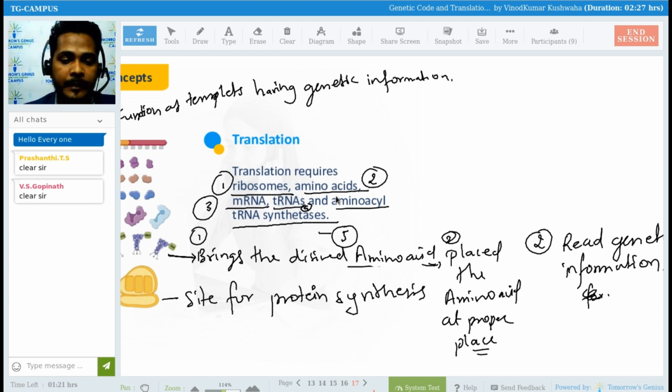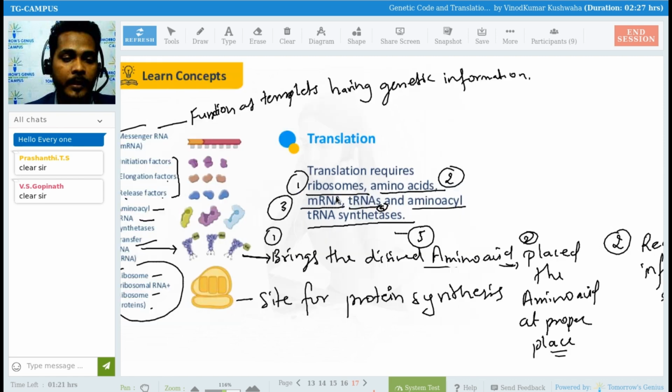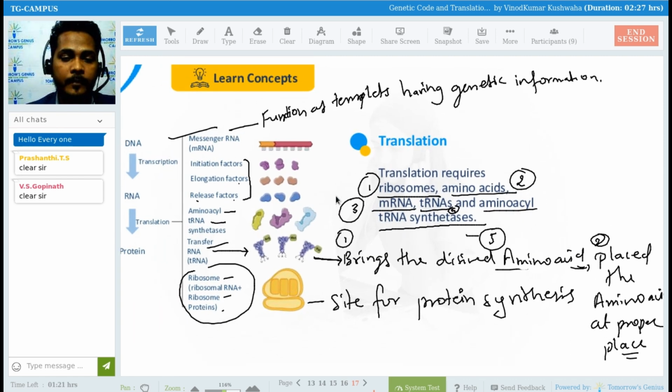Yes, in this machinery. Now the another requirement, let's focus. The next one, that is RNAs are formed over DNA during transcription, while the protein synthesis occurs in the cytoplasm over the ribosomes.